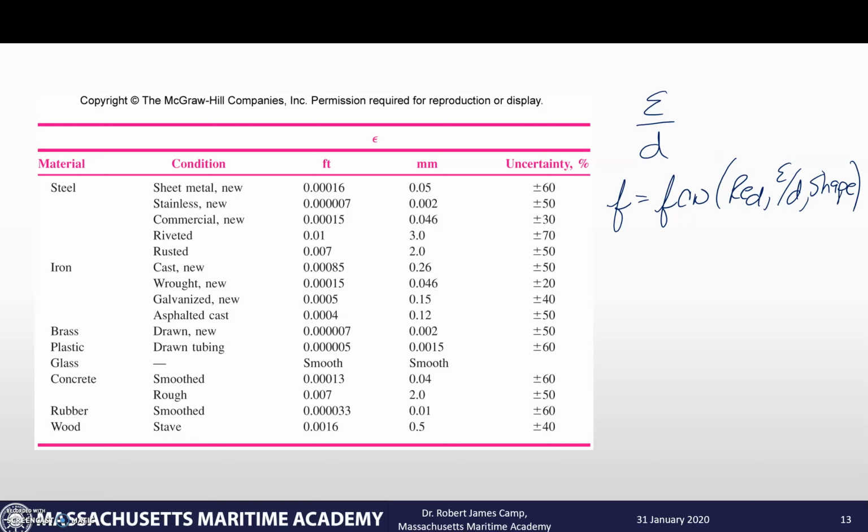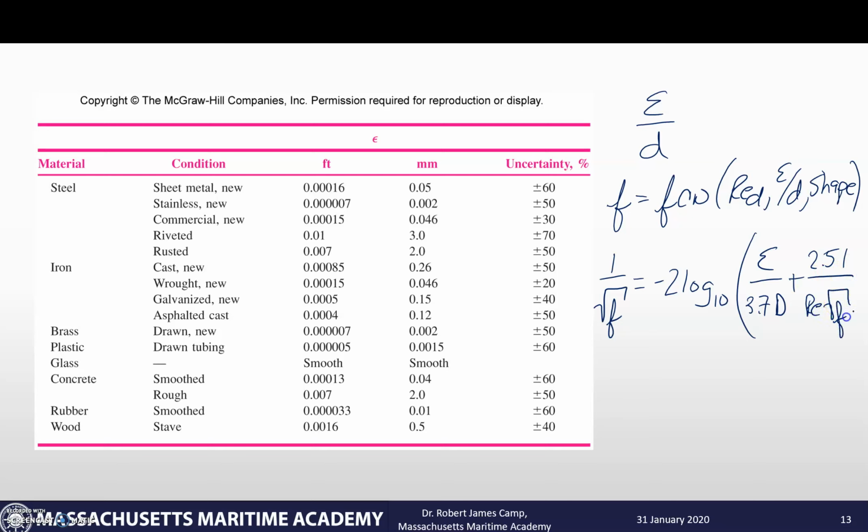So Coulomb came up with this idea that the roughness ratio affects the pipe's friction. In 1939, Colebrook came up with an expression to calculate the friction factor across all smooth and rough conditions. Before, with laminar flow, we can say, okay, it's 64 over the Reynolds number. The Colebrook equation states that 1 over the square root of f is equal to negative 2 log base 10 of the surface roughness divided by 3.7 times the diameter, plus 2.51 divided by Reynolds number times the square root of f.